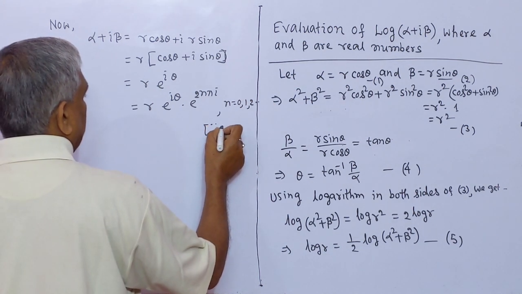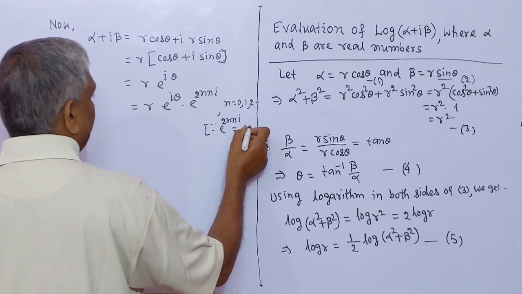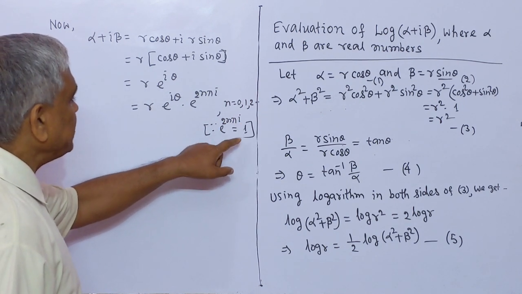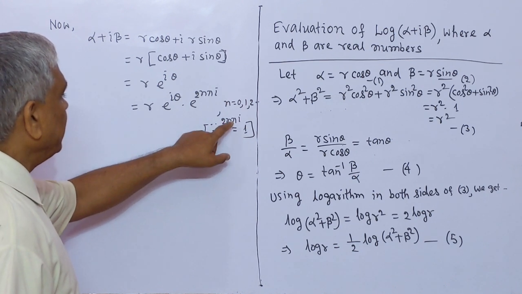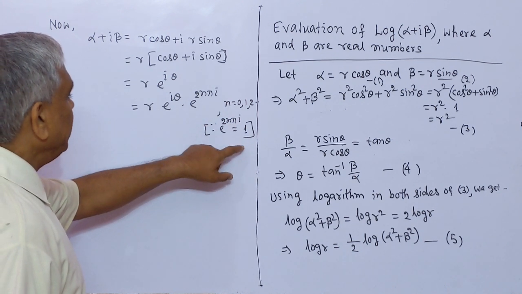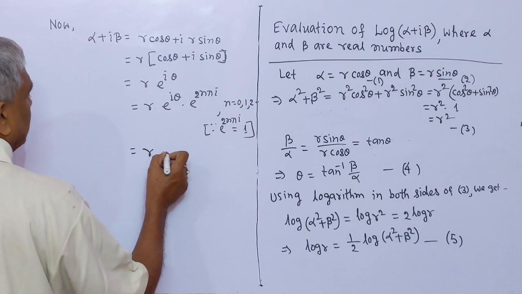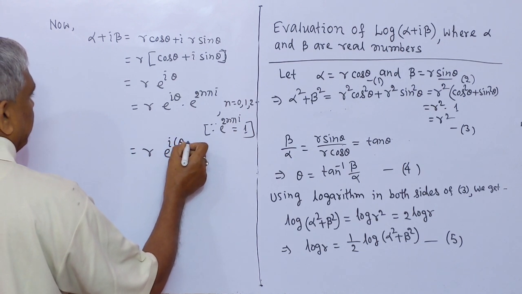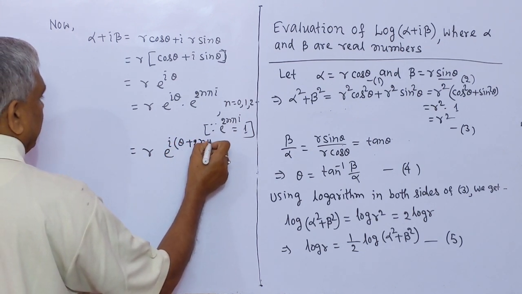Since e to the power 2n pi i equal to 1, because this is cos 2n pi plus i sin 2n pi, where cos 2n pi is 1 and sin 2n pi is 0. This is equal to r e to the power i theta plus 2n pi.